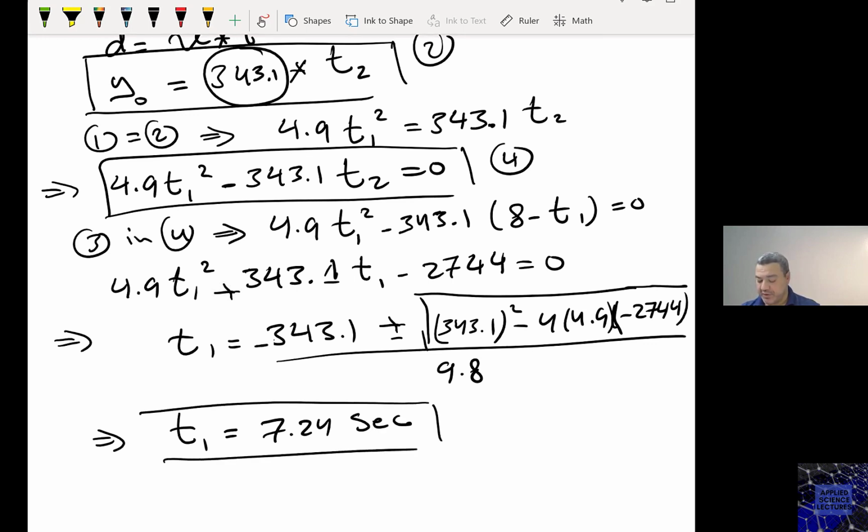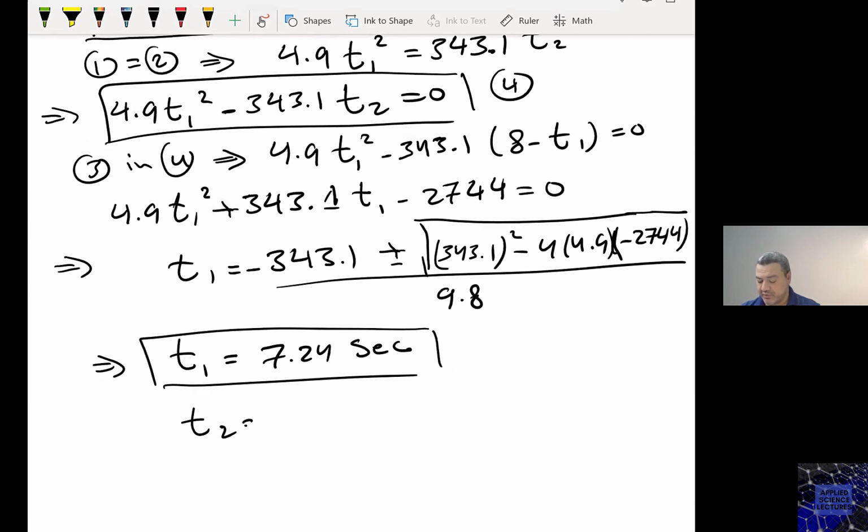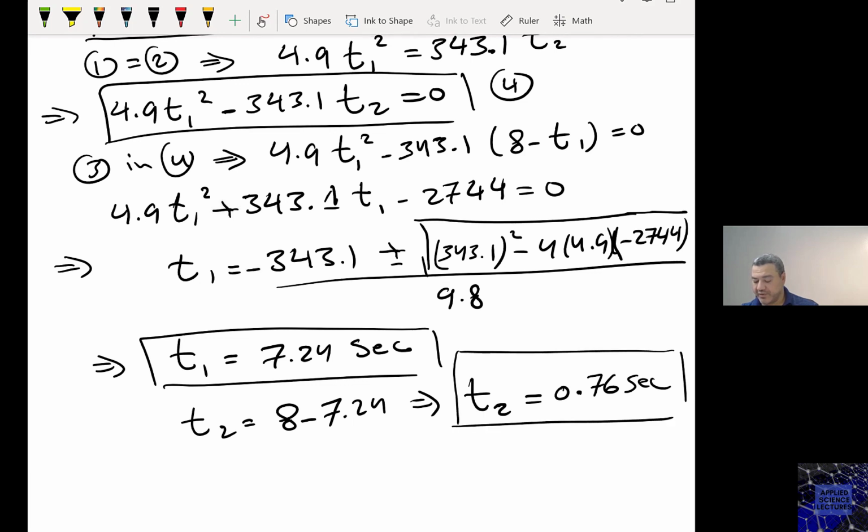Now that I got T1, I can substitute: T2 equals 8 minus 7.24, so T2 equals 0.76. See the difference between the speed of the kinematics and the sound.